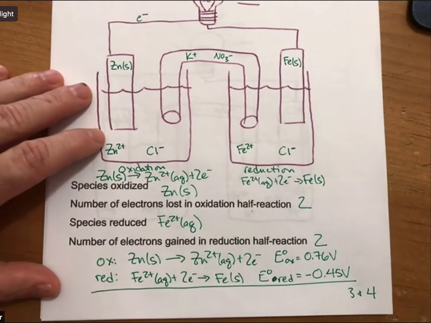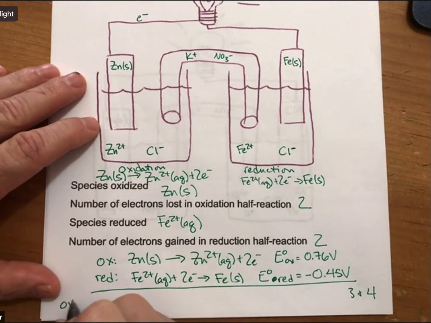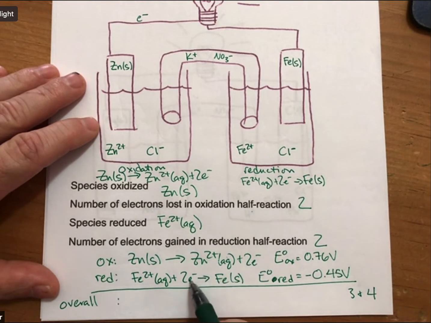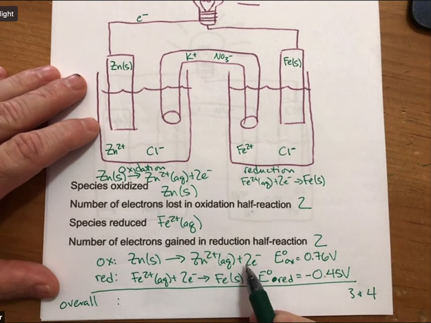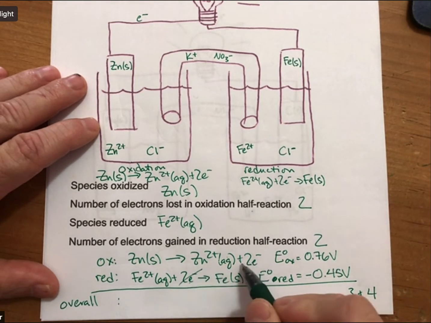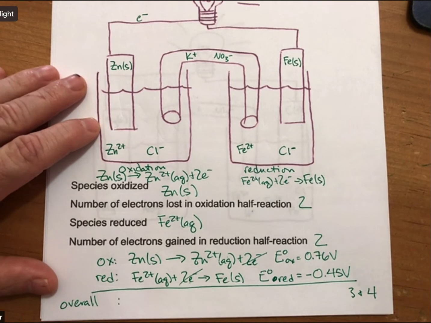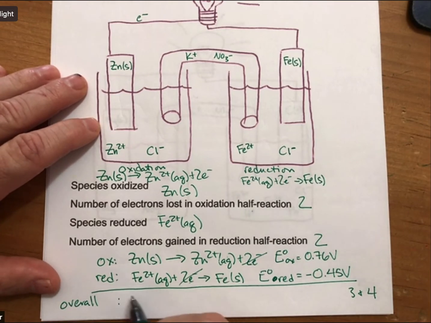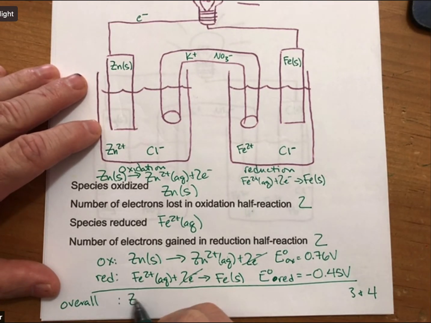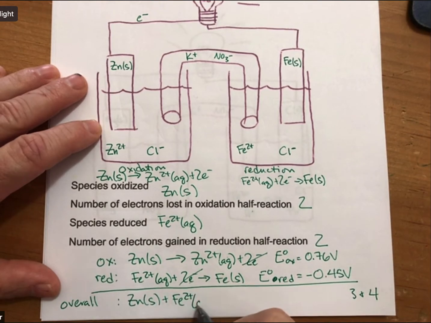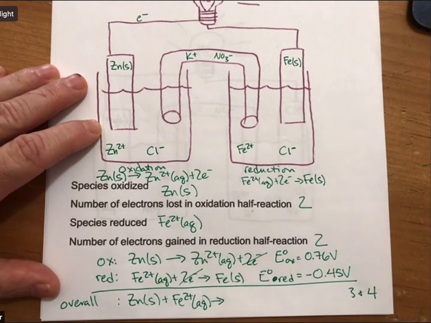If we were to think about what our overall reaction is, first off, the electrons always have to cancel. So the fact that there are 2 electrons produced and there are 2 electrons consumed exactly cancels out. Then our overall reaction will be zinc solid plus iron 2+ goes to zinc ion plus iron solid.